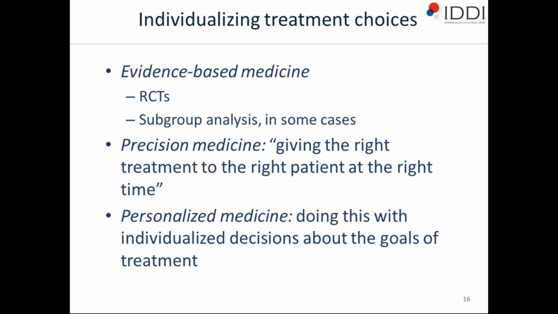More recently, there is this attempt to give the right treatment to the right patient at the right time, and we may call this precision medicine, as it has been called by many institutions and in many settings.